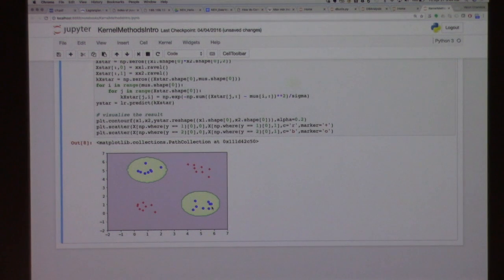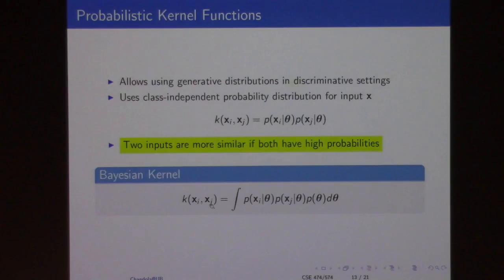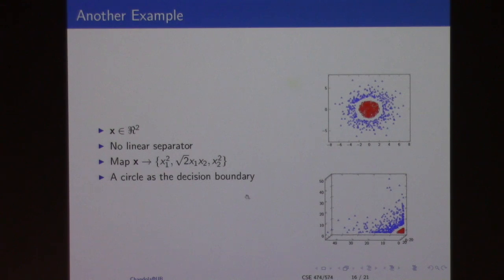In fact, I don't know where my slides went for that. Here, right? So this is what I showed you earlier, my party trick. Let's say your data is like this. If I map this data into three-dimensional space using these basis functions, then you can draw a plane in that, and when you bring that data back, it will actually look like a circle, right? So that is the whole idea behind these functions.